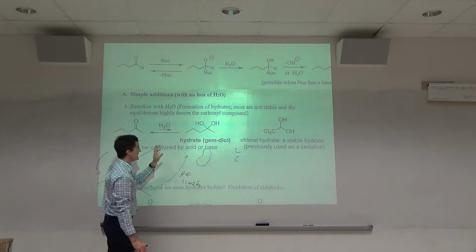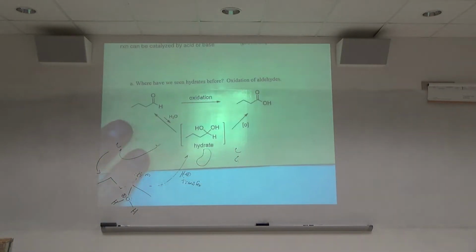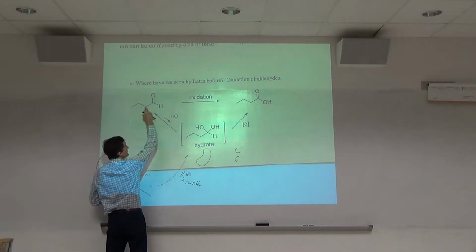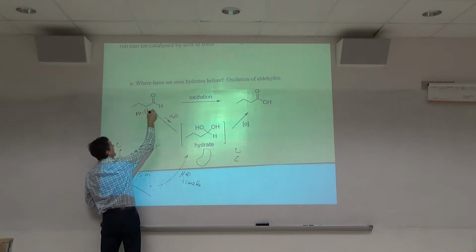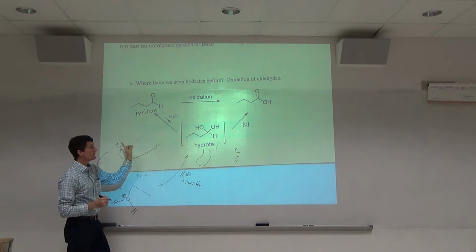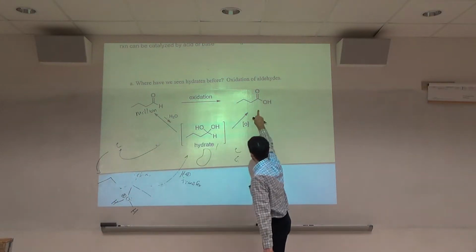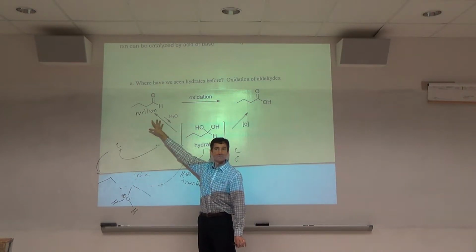That doesn't mean it can't be an intermediate in a mechanism, because down here, if this is in the presence of water, this equilibrium sets up, and maybe it's 1,000,000 to 1. That is, only 1 of 1,000,000 exists as a hydrate form. But that 1 gets oxidized to this, and so when this is removed, what happens to this equilibrium?